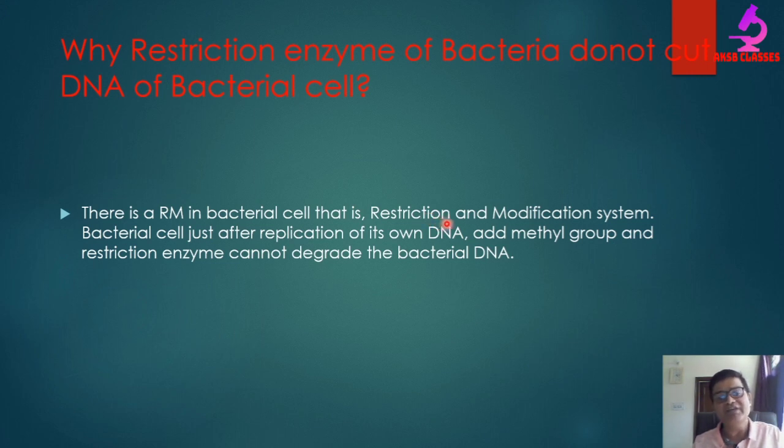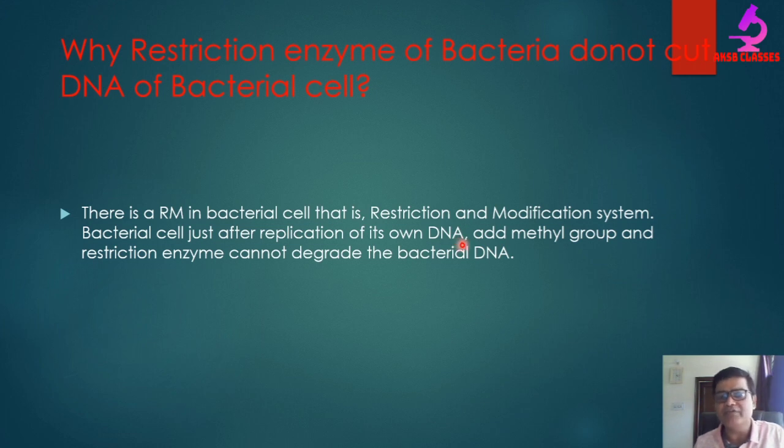It means it will cut the outer foreign DNA with the restriction enzyme, and modification means the addition of a methyl group just after replication of its own bacterial DNA.